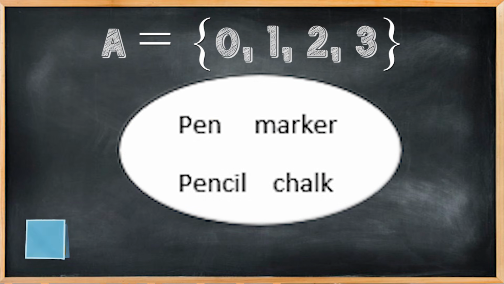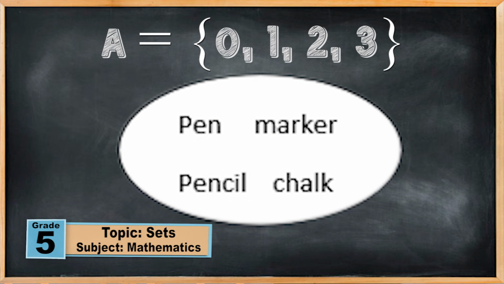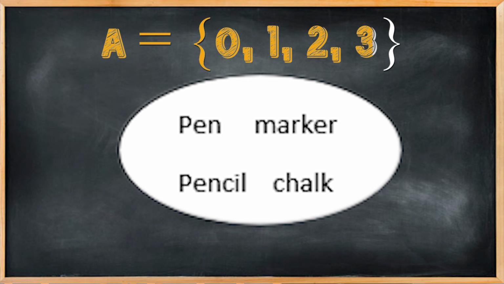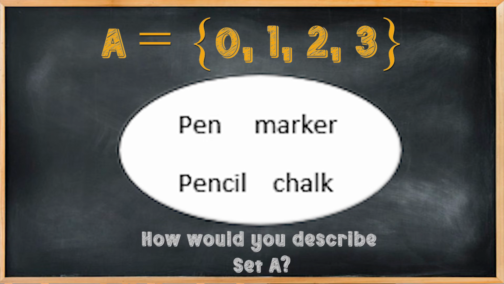Here is another example for you. Example 2, A equals 0, 1, 2, 3. How would you describe set A?